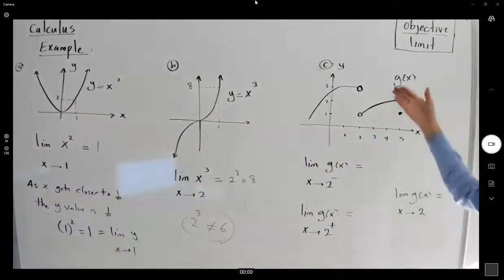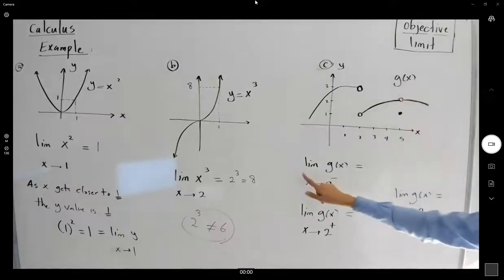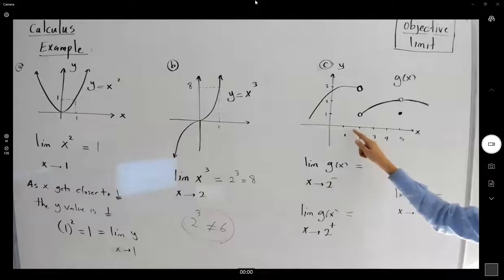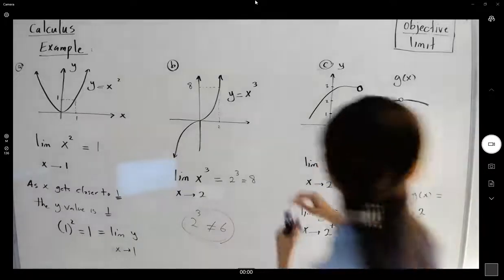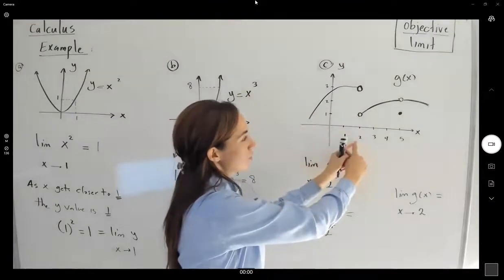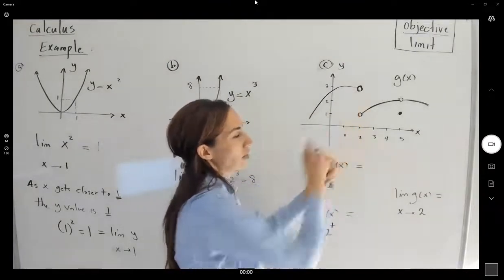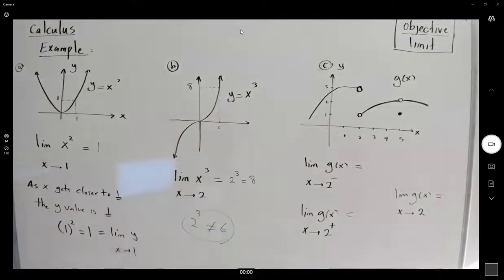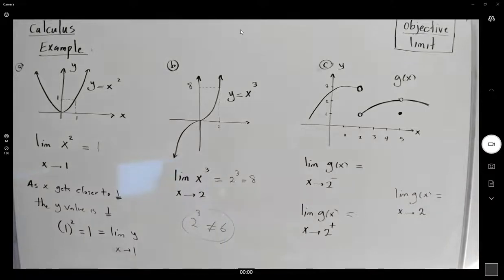Well, what about function g of x as x approaches 2 from the left-hand side? We are getting closer and closer to 2 from the left-hand side. What is my y value? So what does it tell us?